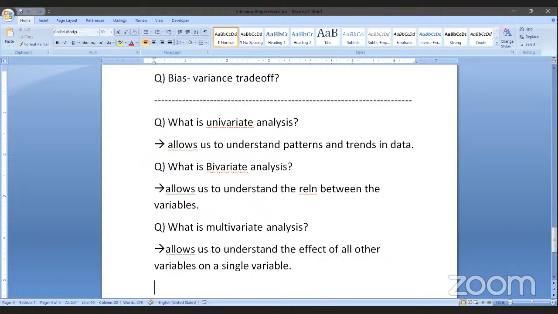Okay, so this is done. Next, what are outliers and how to deal with them?